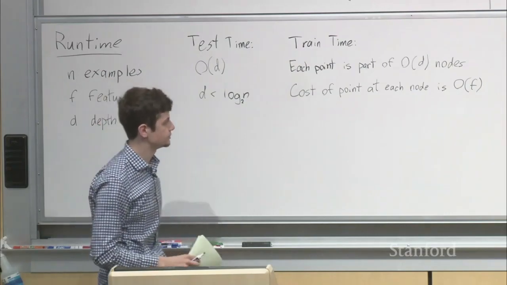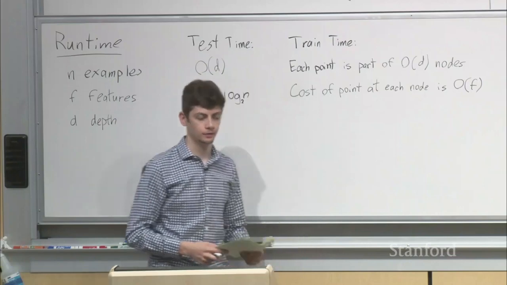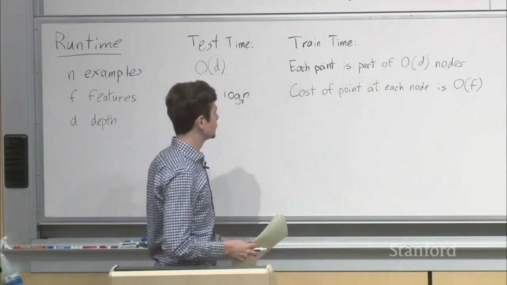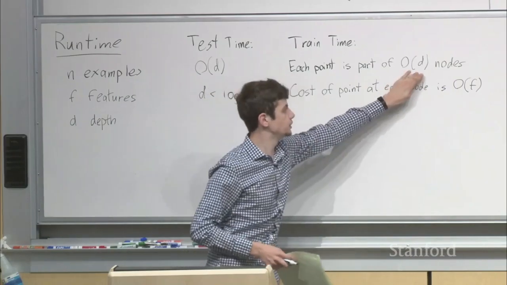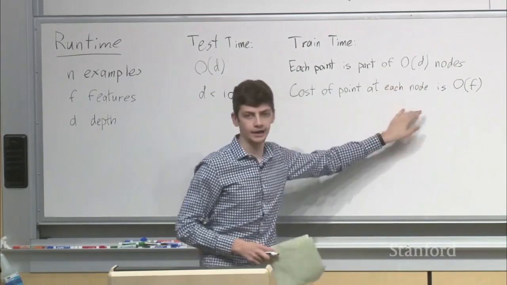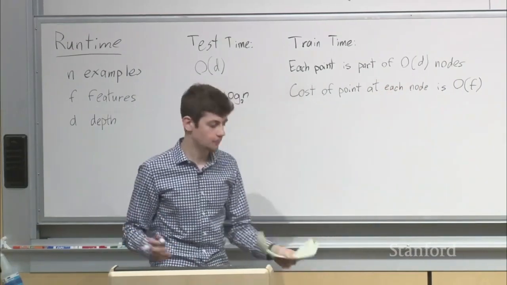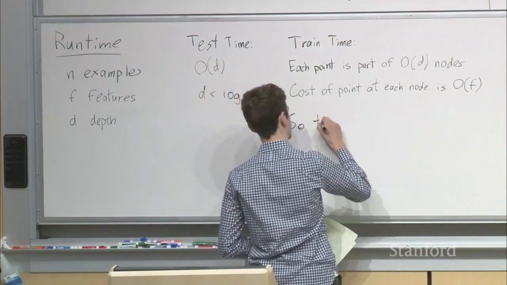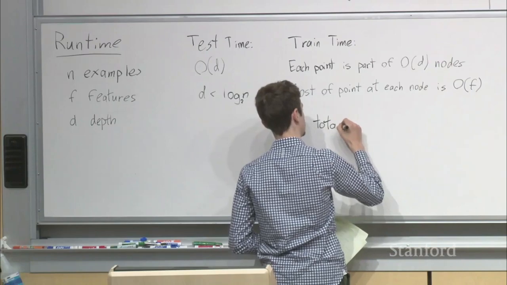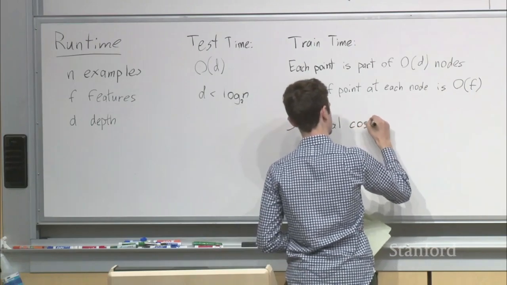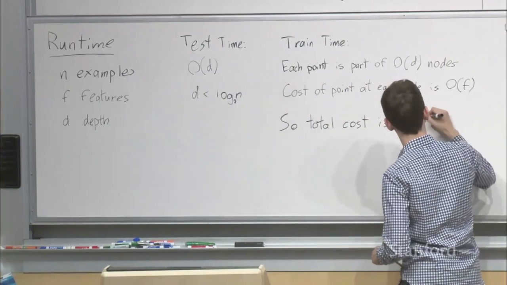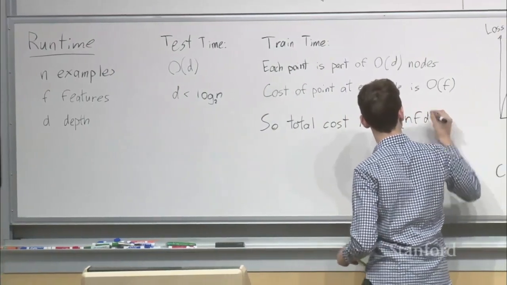That also ends up being asymptotically O of f. Okay, so each point is in at most O of d nodes, the cost of a point at each node is O of f, and you have n points total. So the total cost is really just O of n f d, like this.